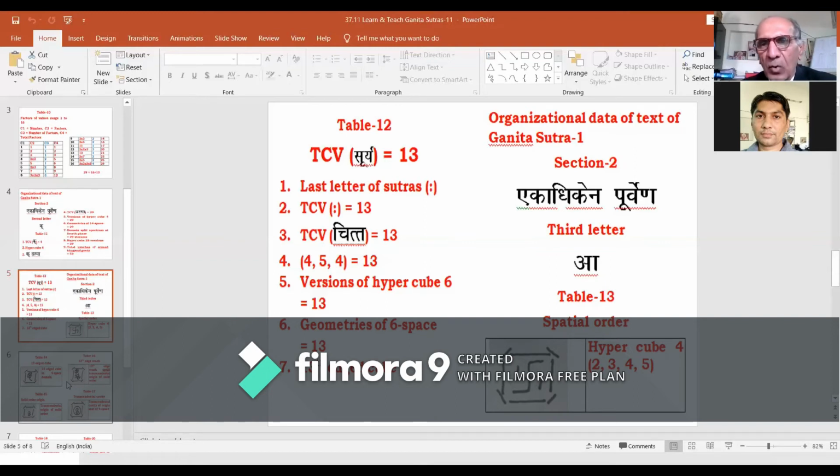Now, let us read ahead the third letter of the text of Ganita Sutra 1.